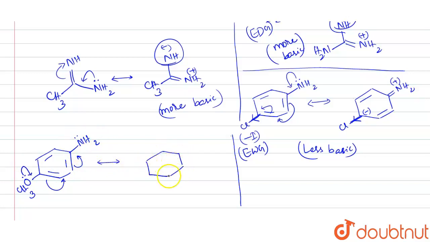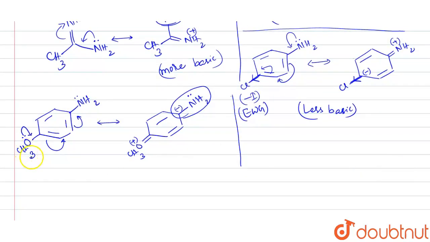So here we see that this is OCH3 plus, and these are the pi bonds, and here we have this NH2. This has its lone pair of electrons like this, and here we have a negative charge. So as we can see, in this region the electron density is increasing because of this electron donating group. So this CH3O is an electron donating group. That is why this is more basic.